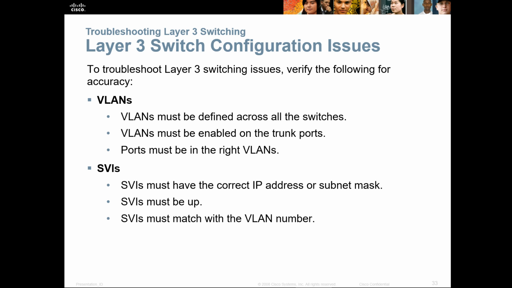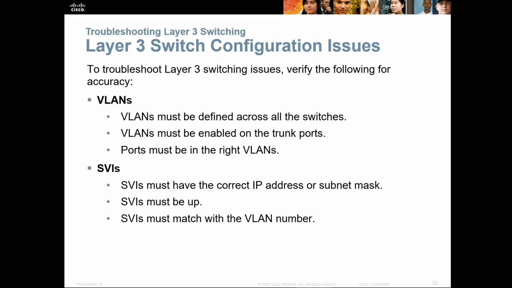When you do your trunk ports, make sure you're allowing access for the VLANs. Ports must be in the correct VLAN. That's a huge troubleshooting issue. You program VLAN for interface 1, but in reality, you meant to do it for VLAN 1, but on port 11. Make sure you're doing the correct ports and assigning them to the correct VLANs.